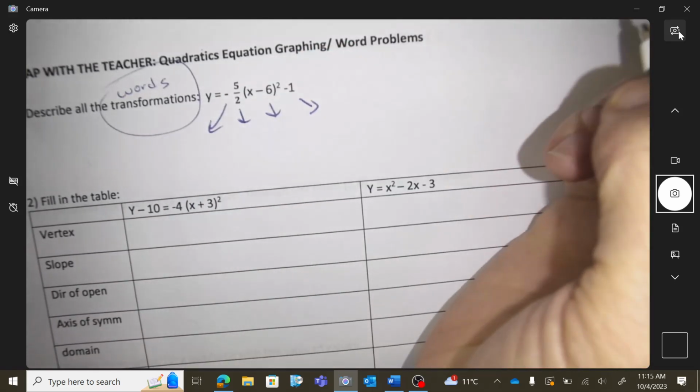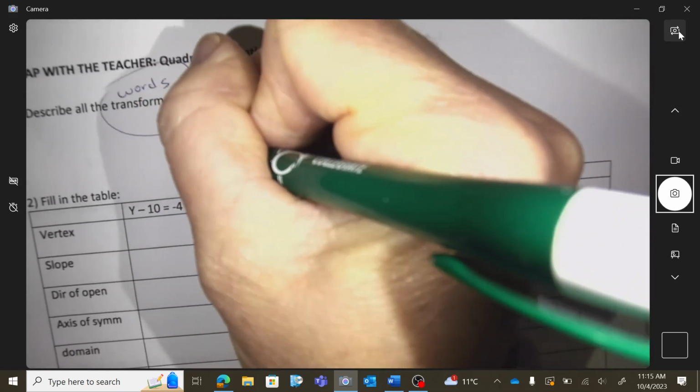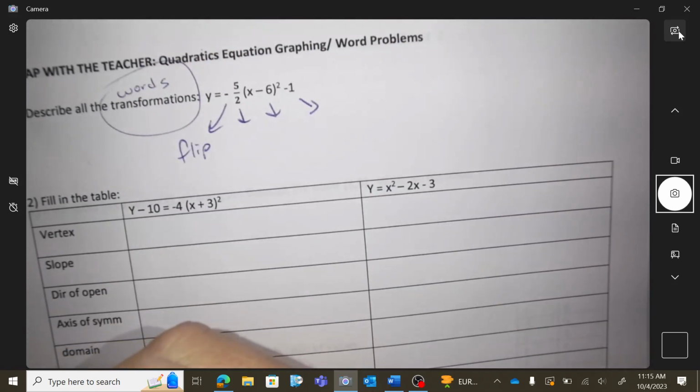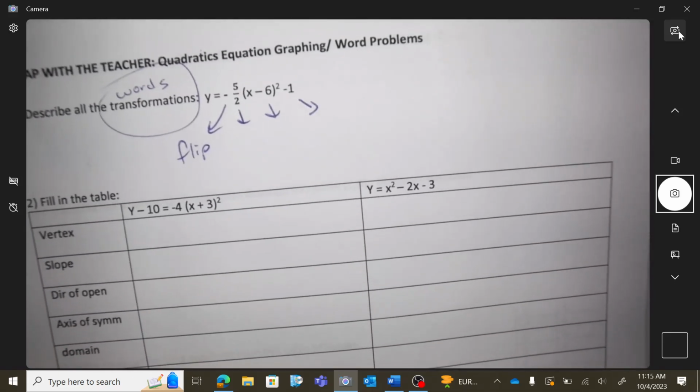Okay, so a negative multiplier, you should be writing that this thing got flipped. Then there is a number in the front, which is 5/2. So my question would be, does it make it narrower or wider? 50-50 chance here.